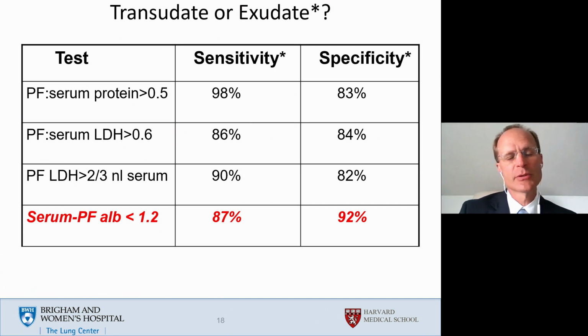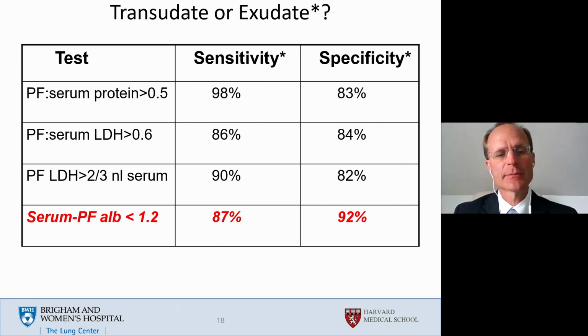In fact, if we look at this table, for sensitivity and specificity of an exudate by Light's criteria, we find that Light's criteria is very sensitive at detecting pleural exudates, but not specific. So up to 15 to 18% of all exudates identified by Light's criteria turn out ultimately on follow-up to be transudative processes.